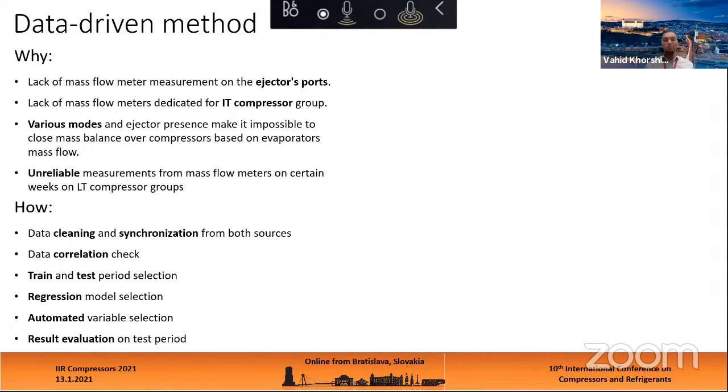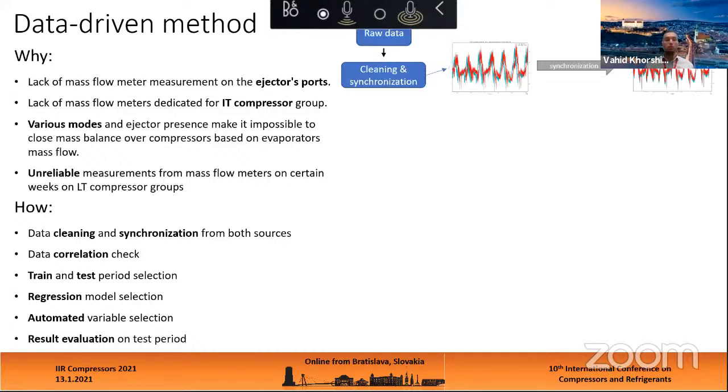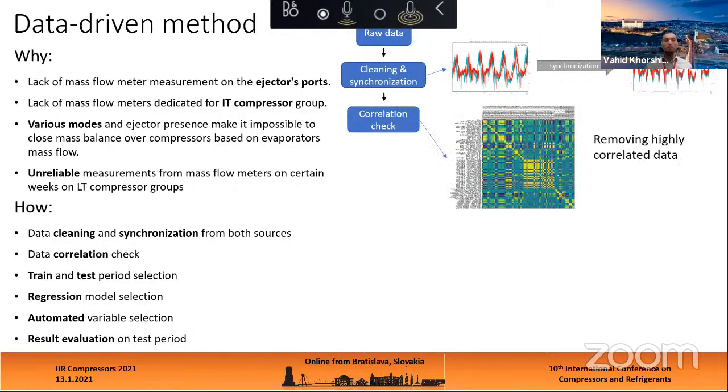When working with data, there are some steps that you need to go through, and it usually starts with cleaning data. As I mentioned earlier, we had two sources of data, and we had to merge them together and synchronize them together in a way that is usable. Then it comes to the correlation check.